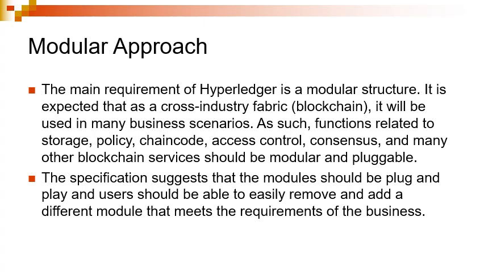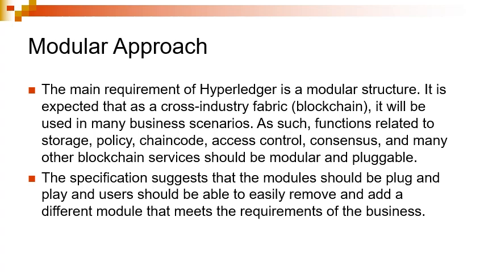As such, functions related to storage, policy, chain code, access control, consensus, and many other blockchain services should be modular and pluggable. So all the services of the blockchain, storage, policy, chain code, smart contract, access control, security, should be modular and pluggable.